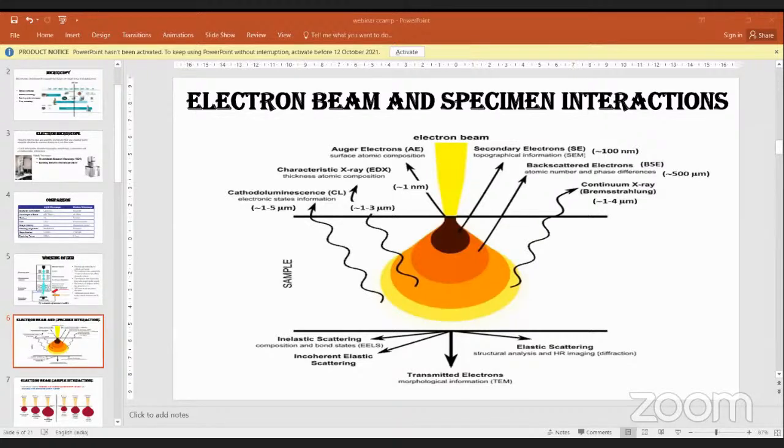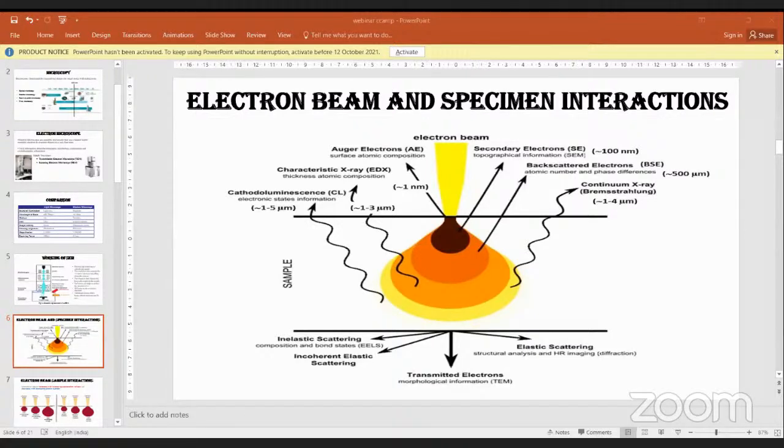Then the objective lens focuses the beam onto the spot of the sample. Here we place the sample, and this is the objective lens. The deflection coil helps in the raster movement of the image formation.